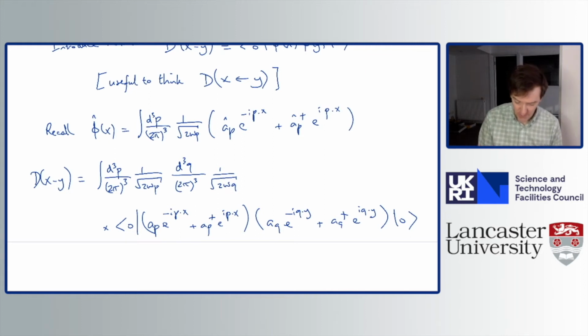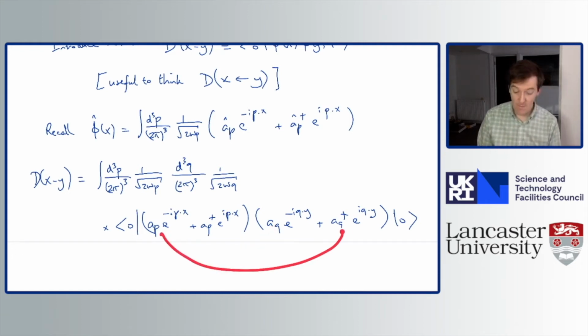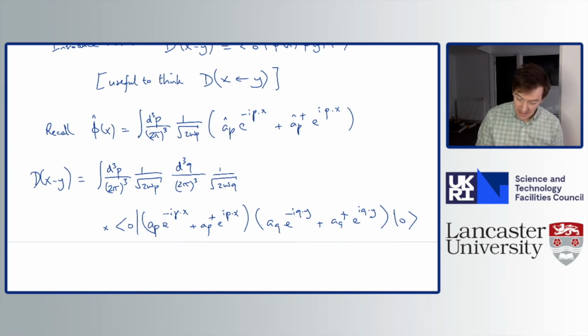So there are four possibilities. There's this one, which we said is zero. There's this one, which is non-zero because we have the creation operator on the right-hand side. Then this one will be zero, since the annihilation operator hits the vacuum and gives zero.